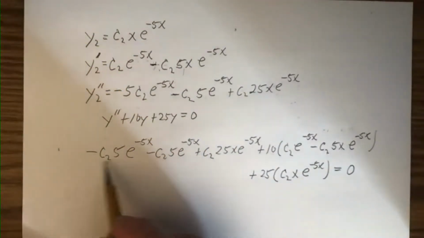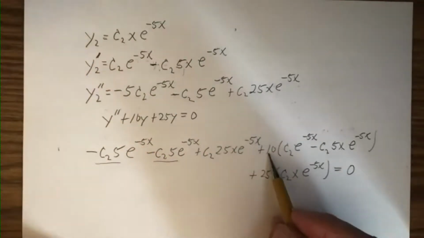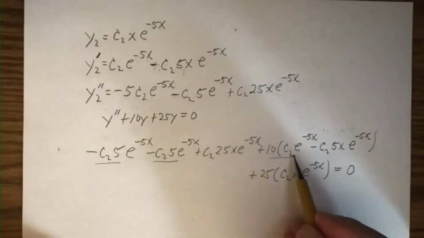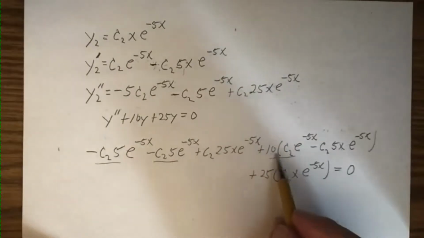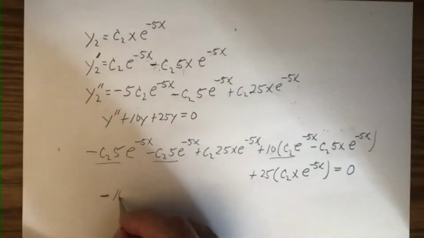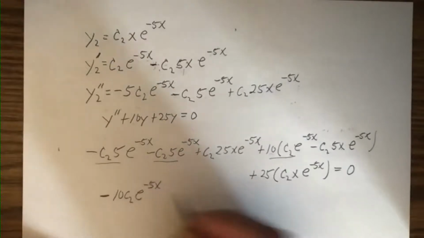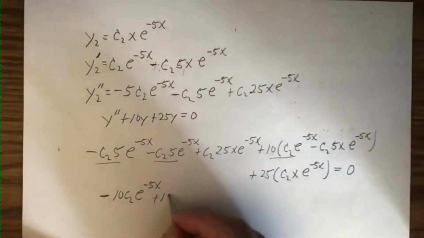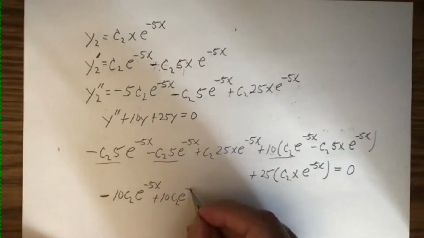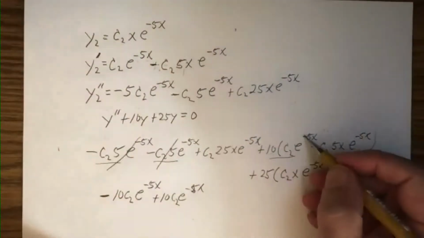Because here I got a minus. When you multiply this times this, I got a minus 10 C2 e to the minus 5x. Then here I got a plus 10 C2 e to the minus 5x, right? So that they go away.